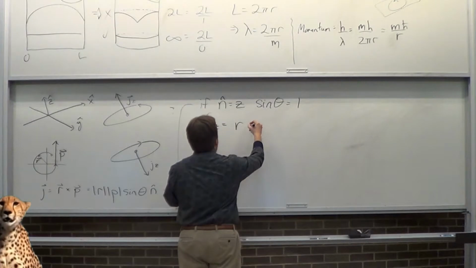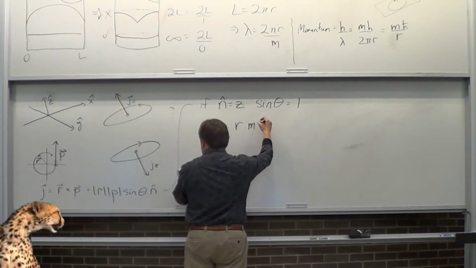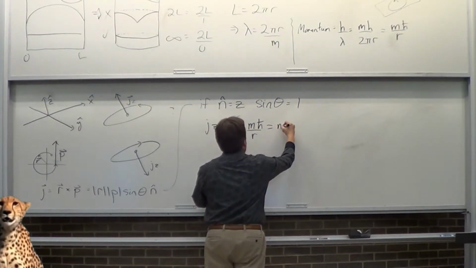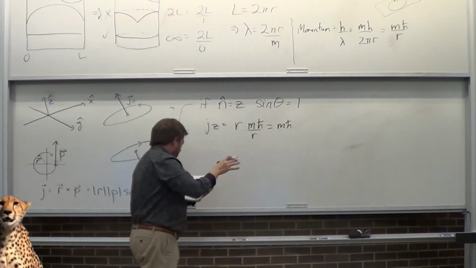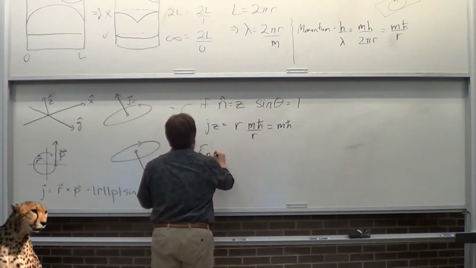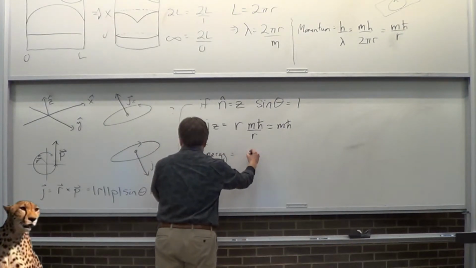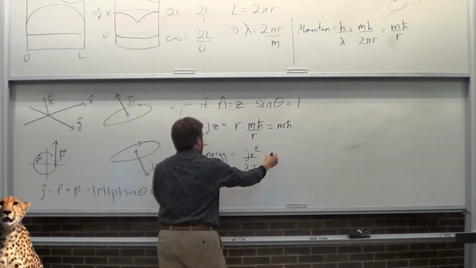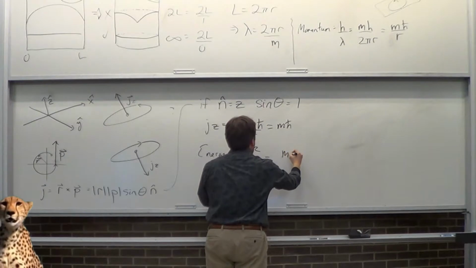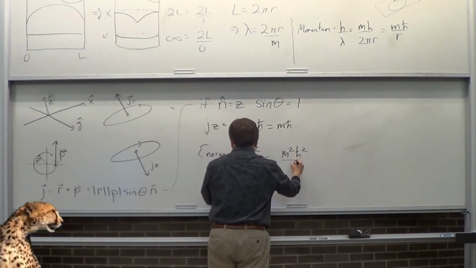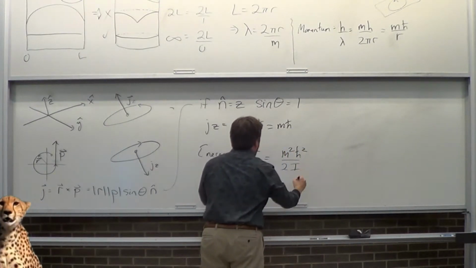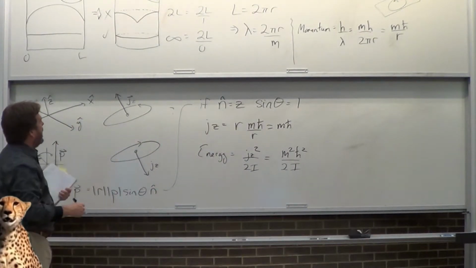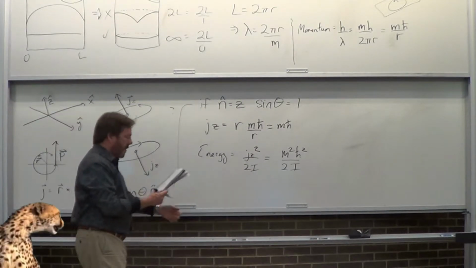The momentum is, we've already covered it, m h bar over r, so that's m h bar, again, where m is a quantum number. Energy is still jz squared over 2I, which ends up being m squared h bar squared over 2I, which is what I erased. Great. Anyway, so there you go.